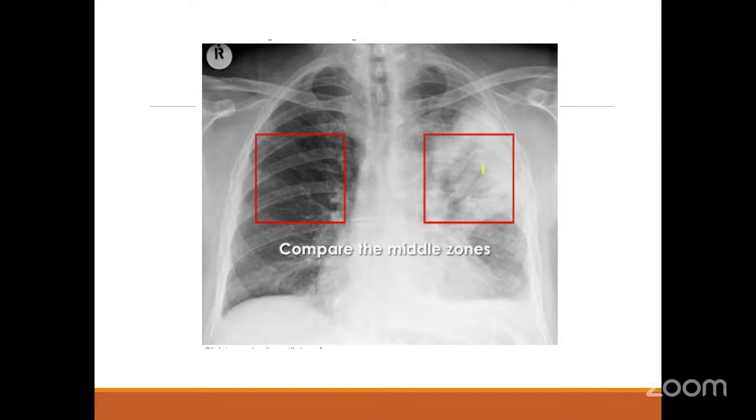So this is called an air bronchogram. Your airways, which are filled with air, which are black, are surrounded by lung parenchyma which does not have air, and this forms a clear outline for the airways to be visible to us. That is called an air bronchogram, which is a very characteristic feature of pneumonia.